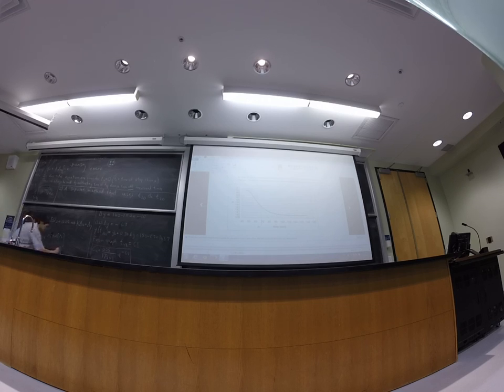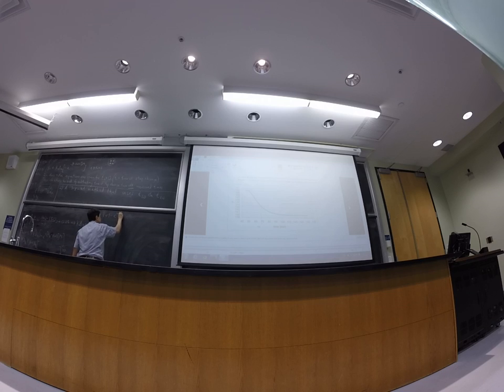So it follows that 0.8 equals 1 minus e to the minus t80 minus t naught plus d over tau.